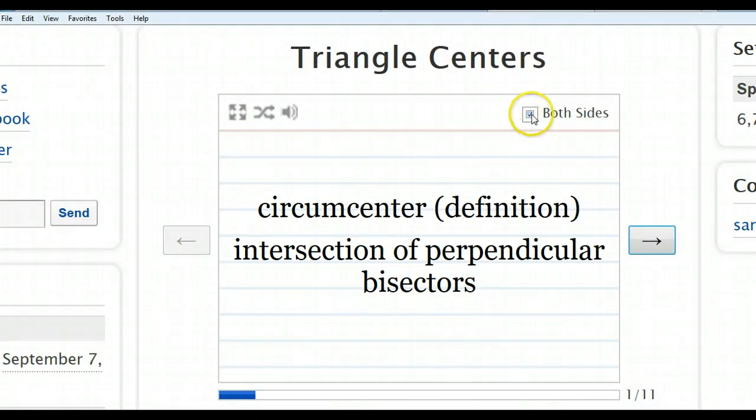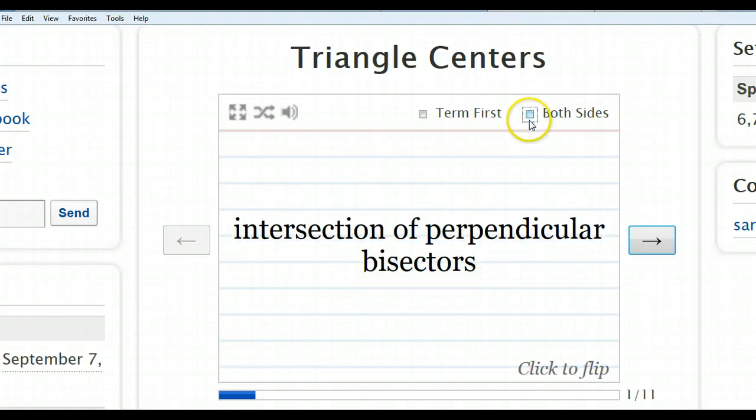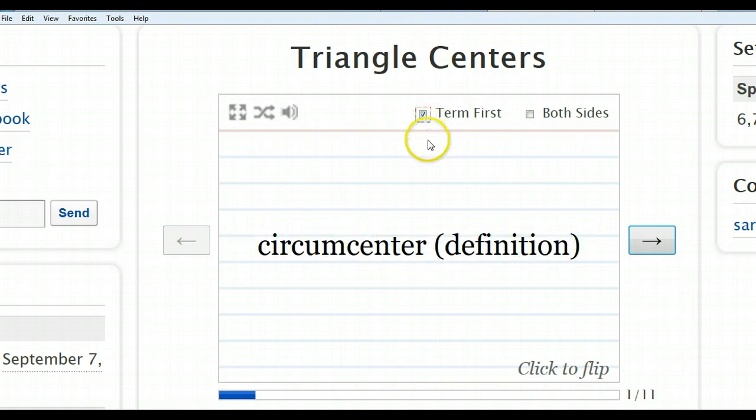When you first turn it on, both sides will be checked off. You want to uncheck that, and usually you want to go ahead and do the first term only. Okay, so now we can start the quiz.